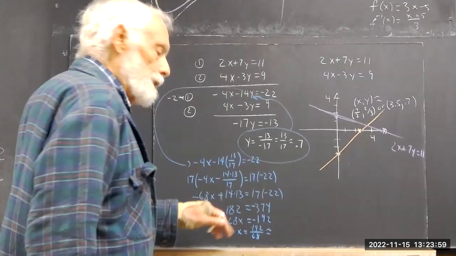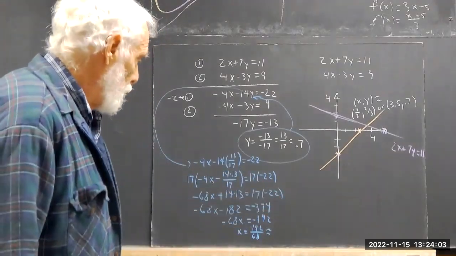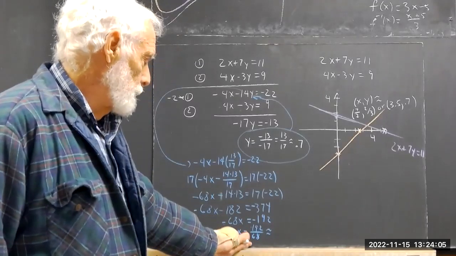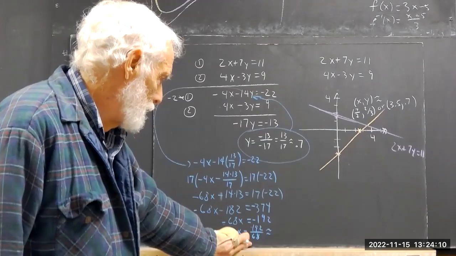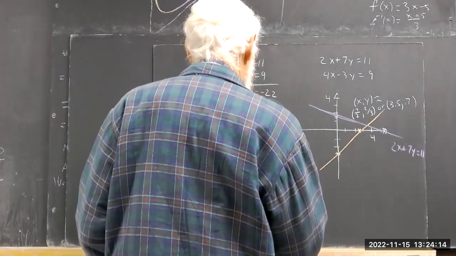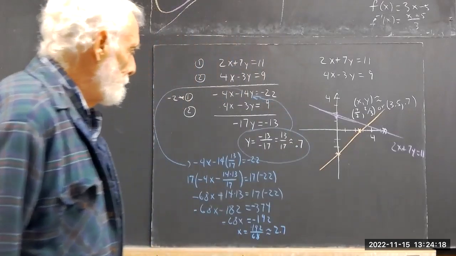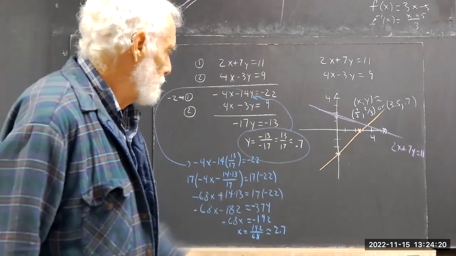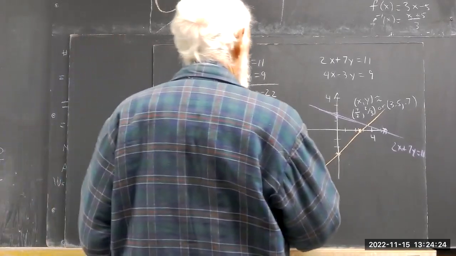So we get x equals 192 over 68, if I did my arithmetic correctly. I don't think it's far off. It might well be off a little bit. Double that, I get 136, so I'm getting somewhere around 2.7. Could be off by a tenth, maybe even more. So we get x approximately equal to 2.7. That's my approximate solution.